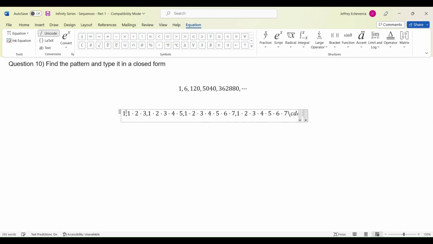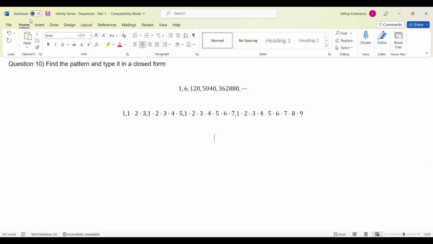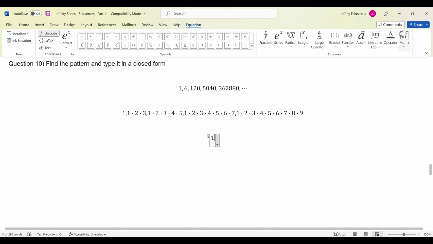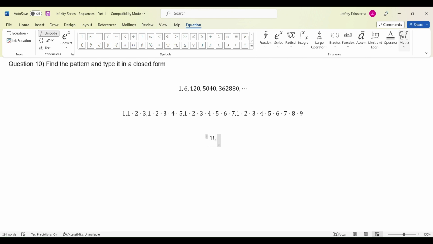And then I'll put C dot 8 and then C dot 9. If you notice, we can now simplify this a little more by writing this as 1 factorial, 3 factorial, 5 factorial, 7 factorial, and 9 factorial.